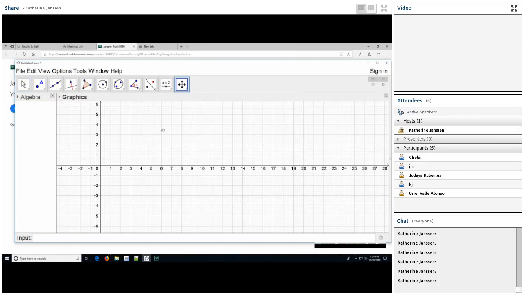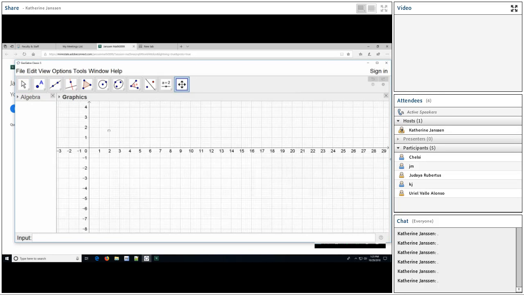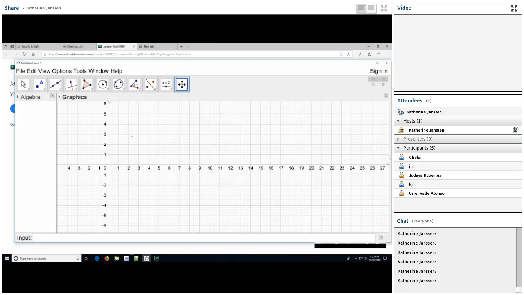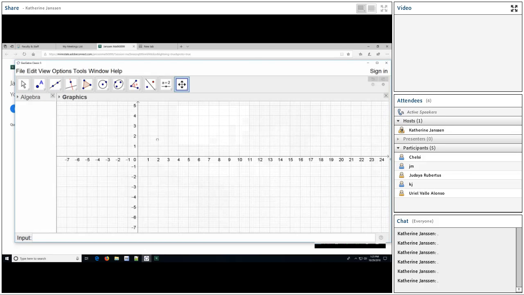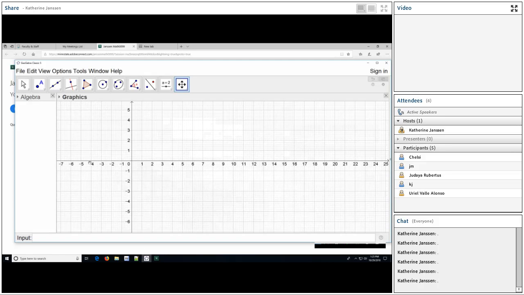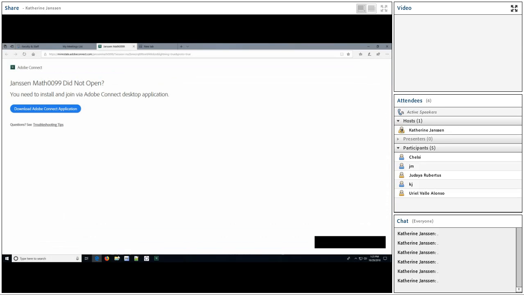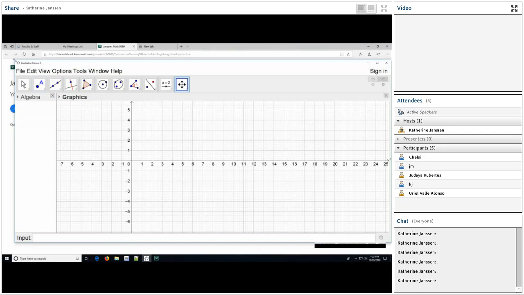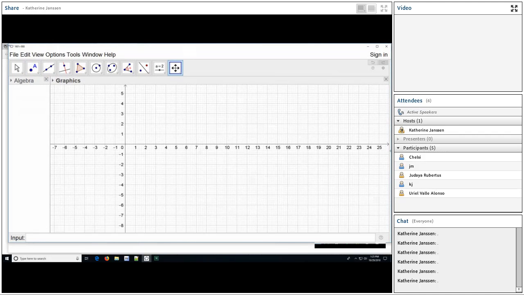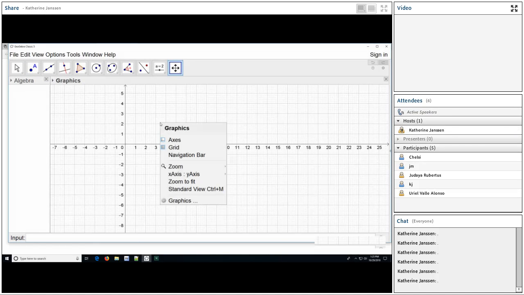It says to move. I now have the hand, which means you can pan. Click and grab your graphic area, move it around. If I right click, I'll be able to turn on or turn off the grid.